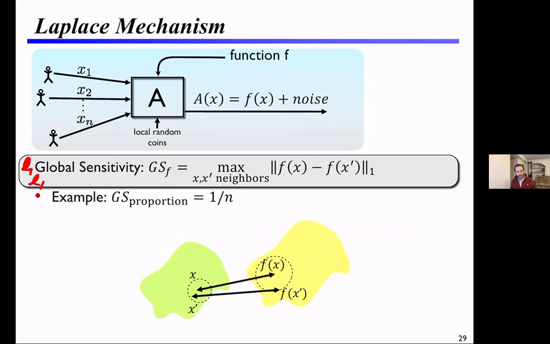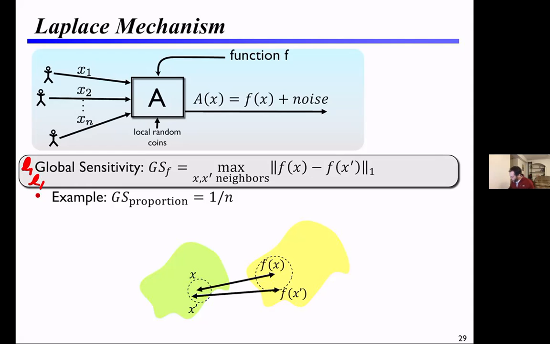This is what we'll define the global sensitivity as: the maximum change we can see in the function between two neighboring data sets. So we'll consider the maximum, or the supremum, over all possible pairs of neighboring data sets, x and x prime. f of x is some vector of statistics, f of x prime is some vector of statistics, and we'll look at some measure of how far apart those two vectors are.